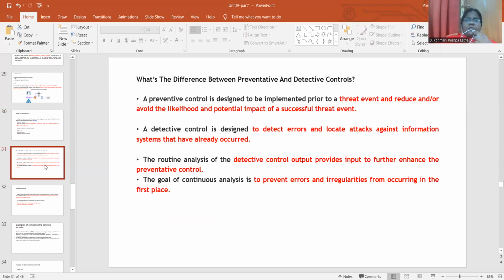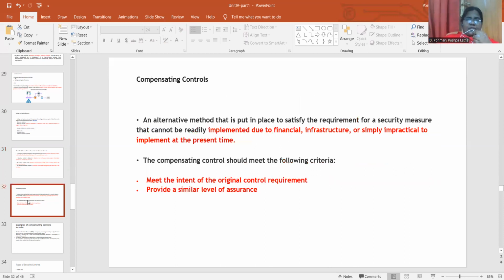So what is the difference between preventative and detective controls? A preventative control is to reduce the threats, while a detective control detects the errors.